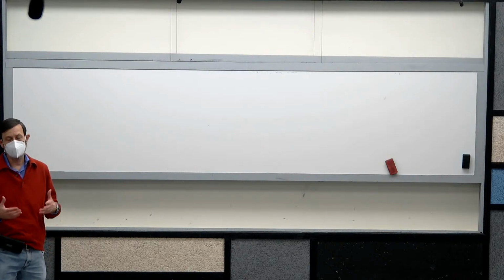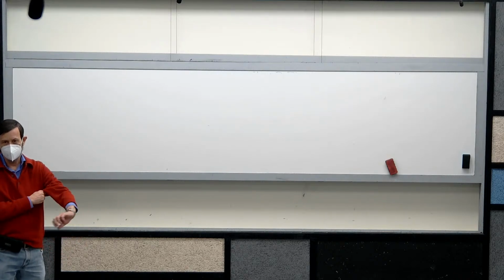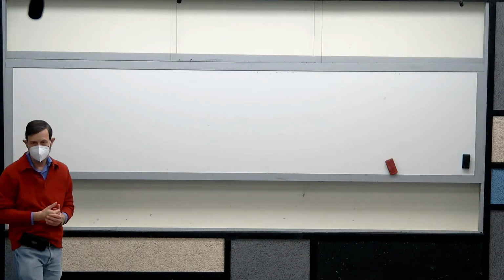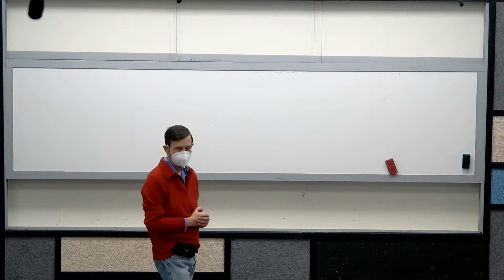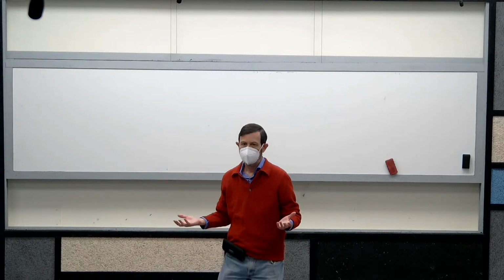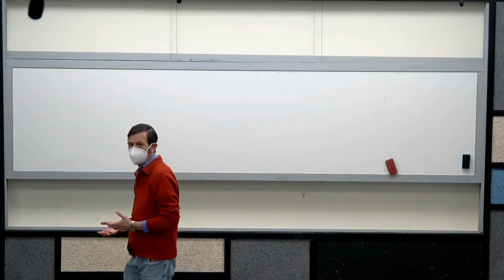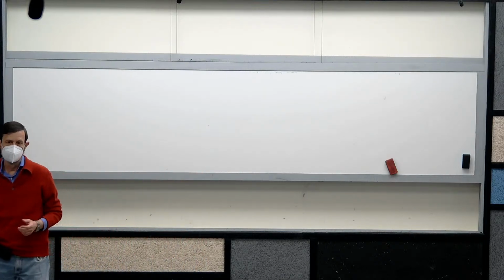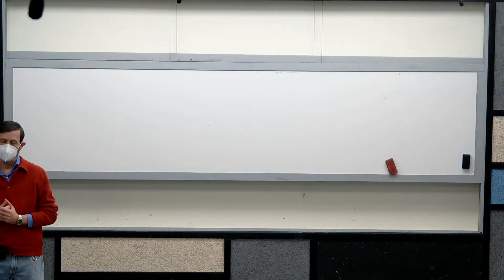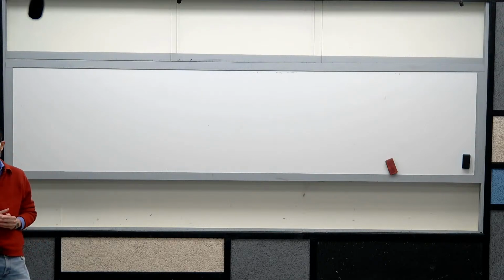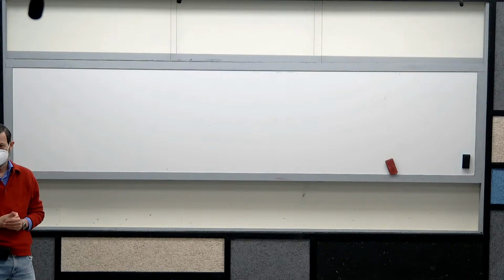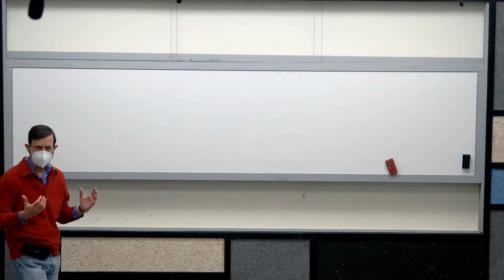Then I have to have an even number of operators, half of them creation, half of them annihilation. Okay, four operators, it's a two-particle interaction. Can someone explain why? There are two creation operators. Okay, what happens when we are looking at two particles?